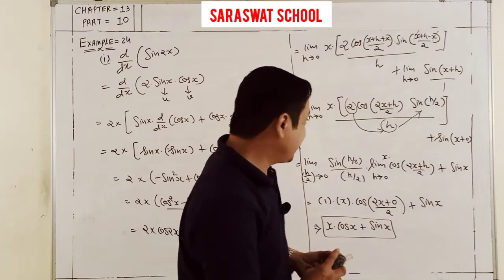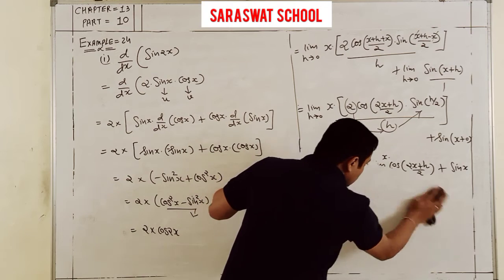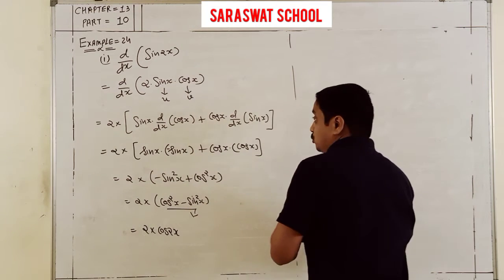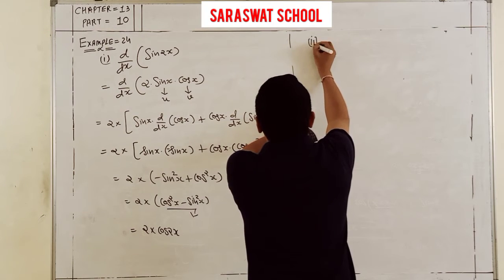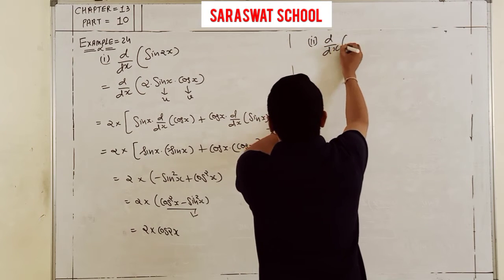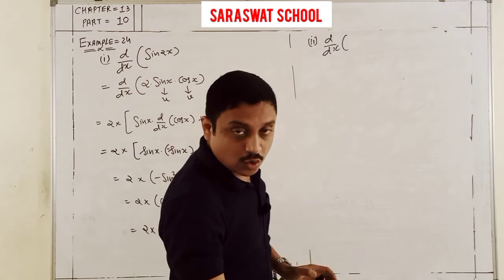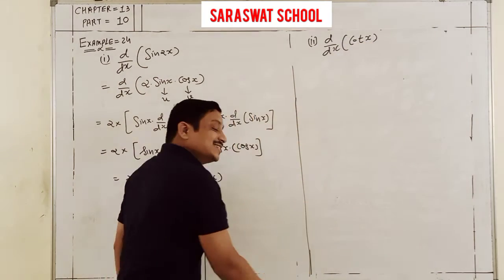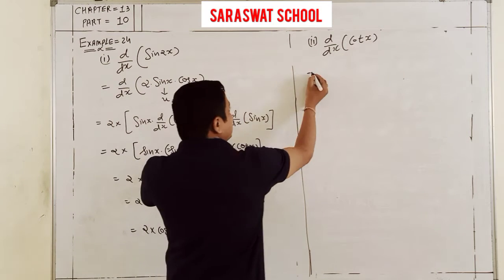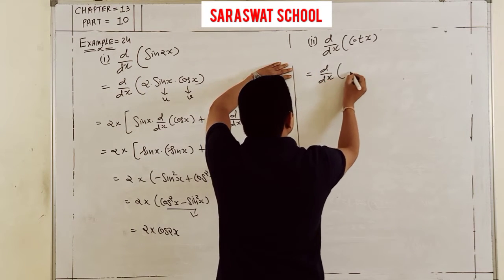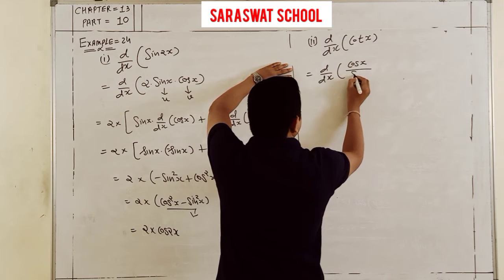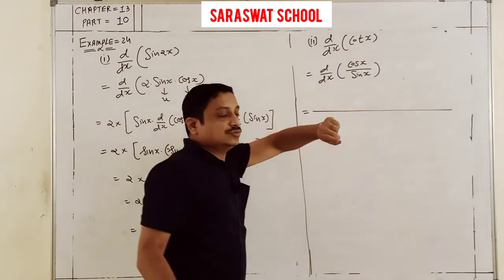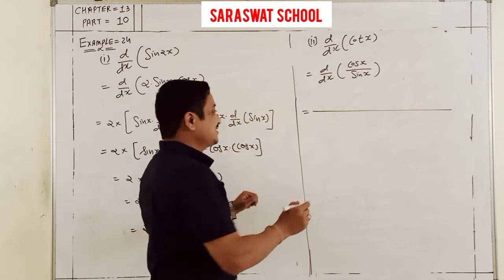Now continue with the second one. By working rule, derive the formula by d/dx of our question, a simple cot x. So cot x derivative I just know is minus cosec square x, but I will derive it by the division rule, cos below sin, and use your formula: denominator square, sin square x.